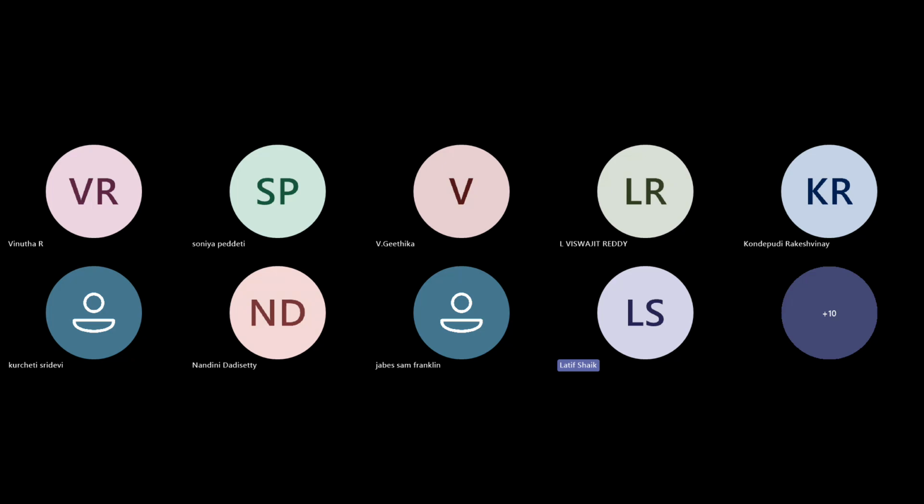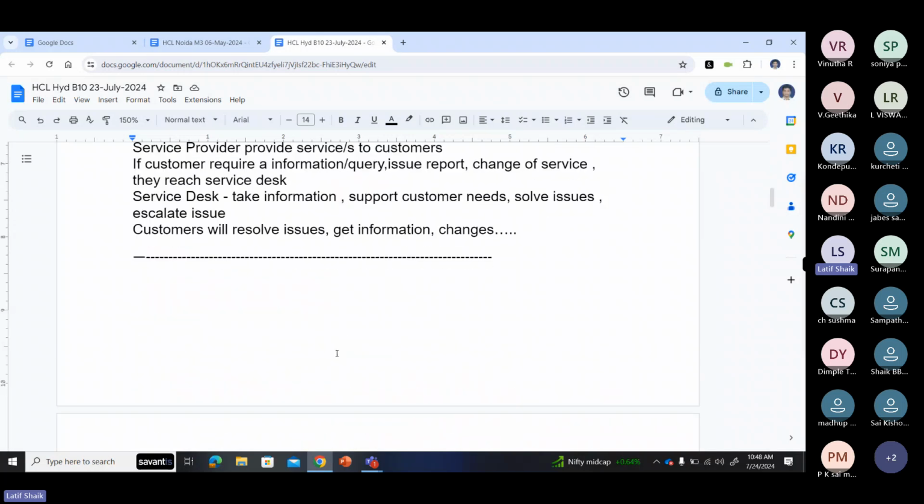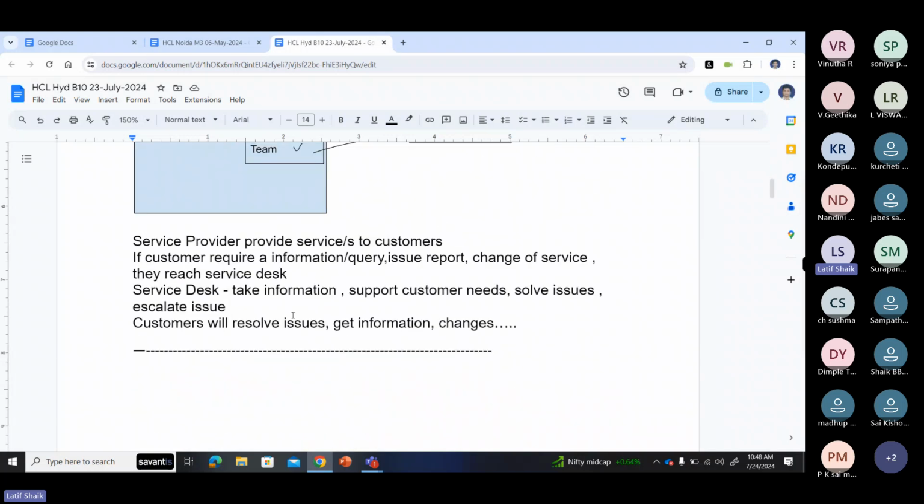An IT organization, different types of IT services, and different infrastructure-related topics. As I know you already know about infrastructure, otherwise I will explain what is meant by infrastructure also.